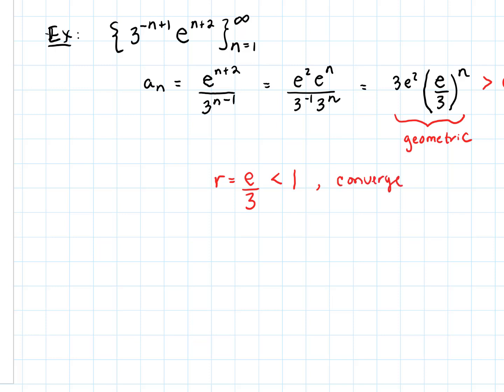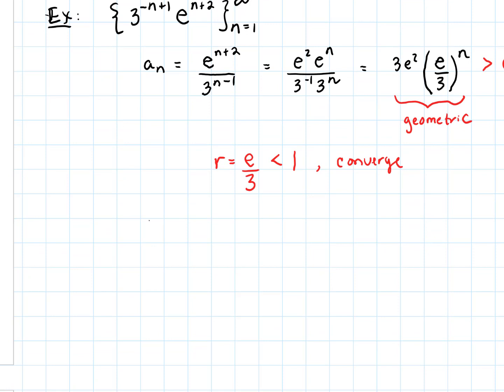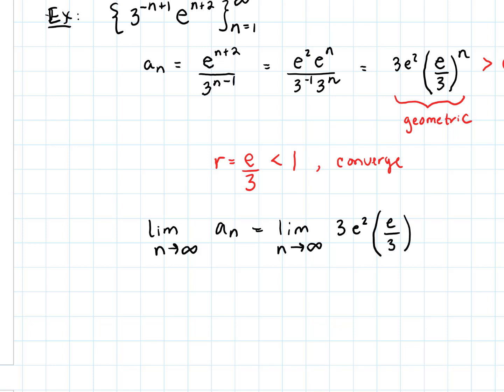We can show that the limit as n approaches infinity of the terms, 3e squared, which is just a constant, times e over 3 to the n. Since that ratio is less than 1, we know that this piece has to go to 0, which means this limit equals 0, and this guy converges to 0.